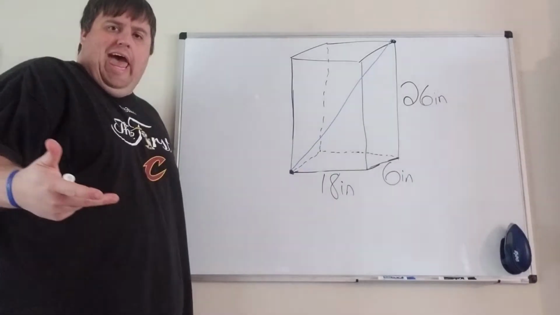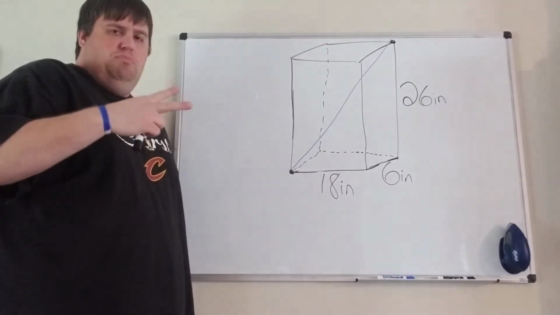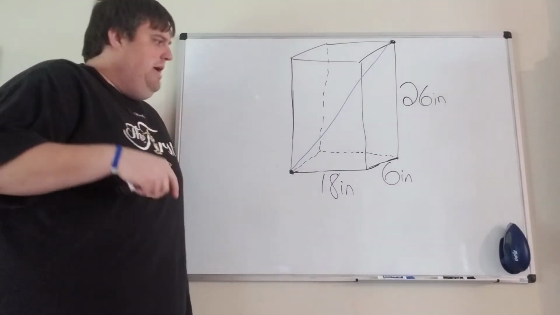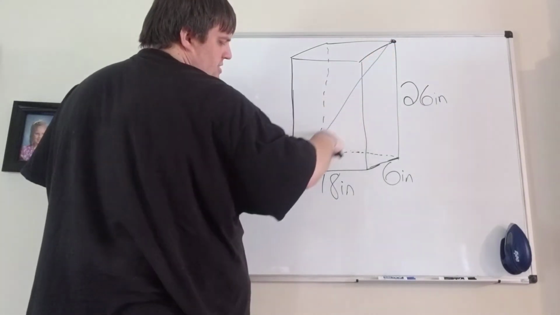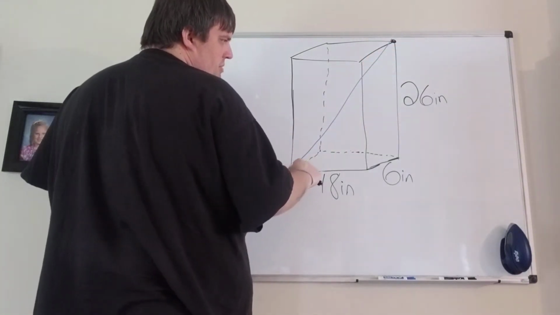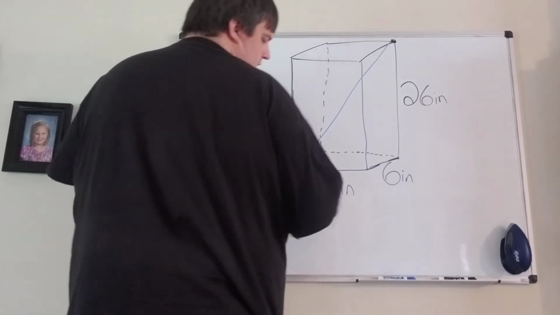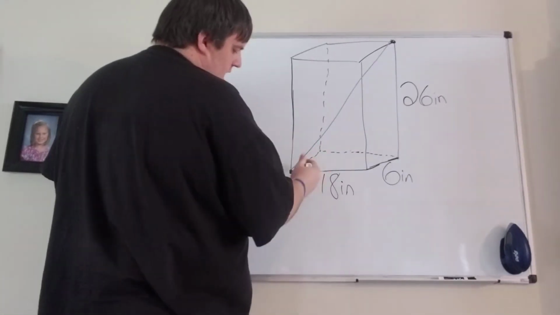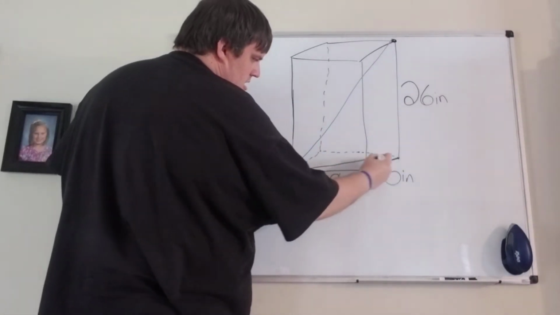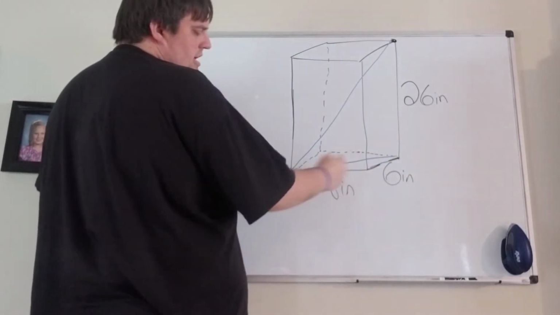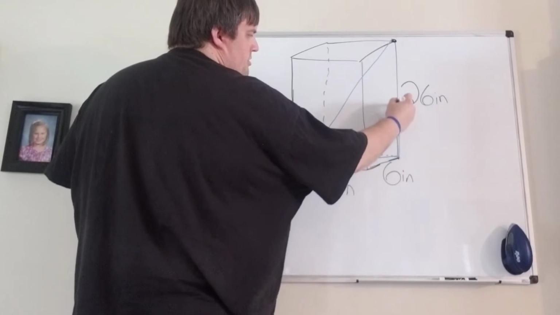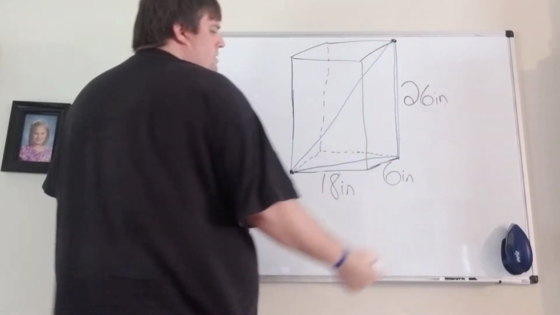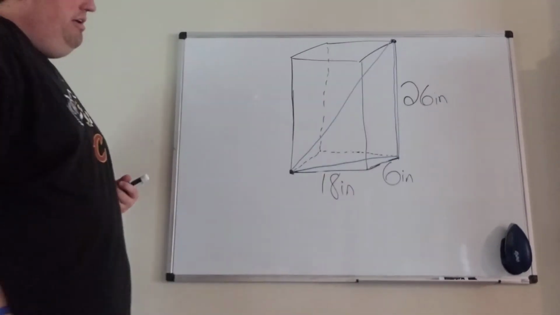So we can figure that out, but we're going to have to use Pythagorean theorem 2 times, okay? Because we want this to be a hypotenuse of one of our triangles, but we don't have this length that we would need, right? So you can see in blue, there is a right triangle right there.